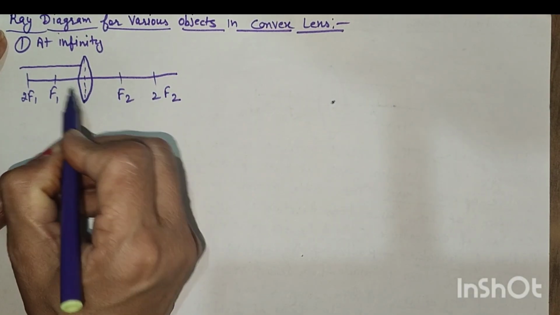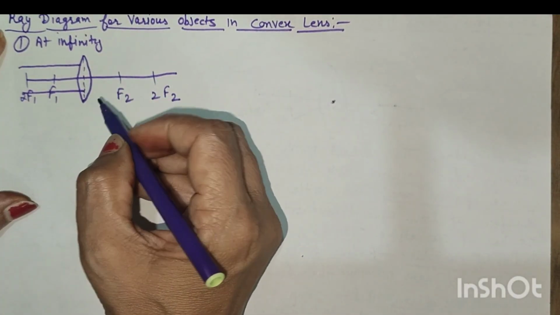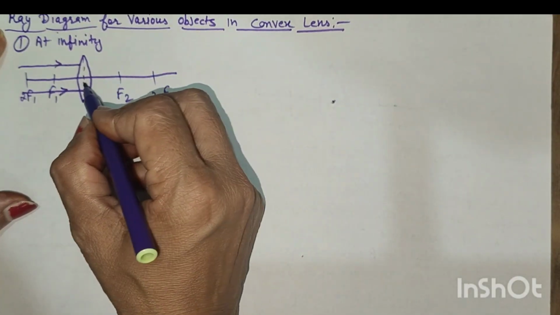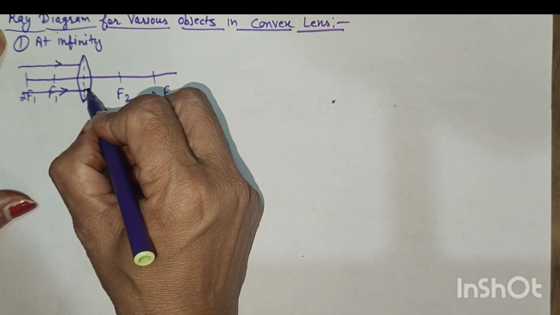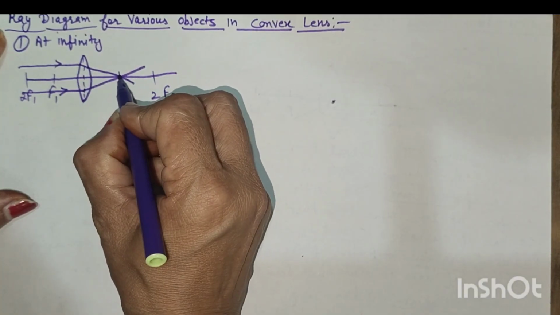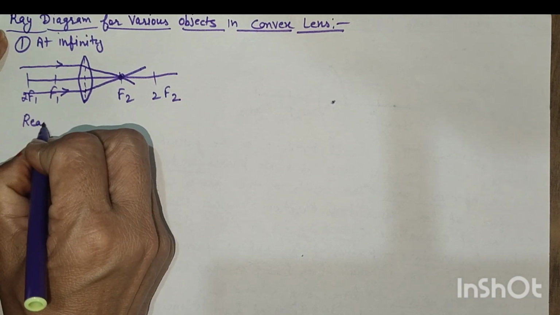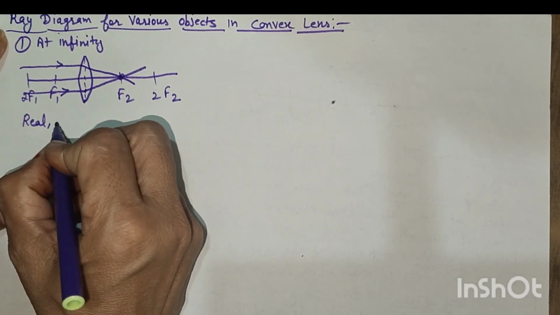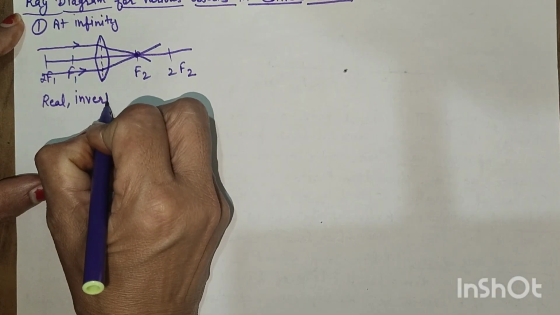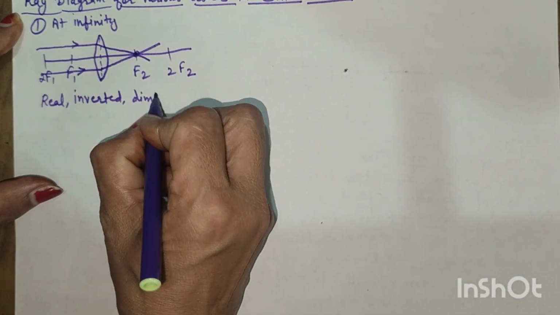Mark the center point, it will help in locating the optical center. These rays coming from infinity, after refraction, will pass through the focus, and the image formed is real, inverted and diminished in size.